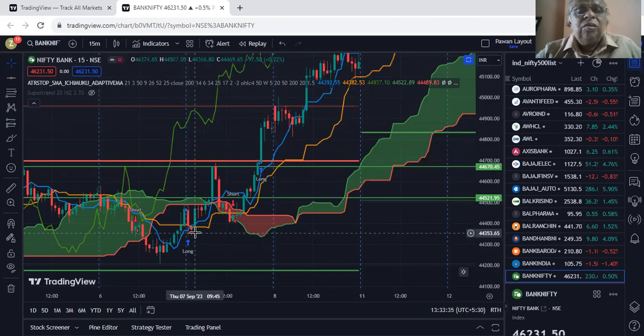So I have explained all three aspects of the Tenkan-Chikou crossover, the determination of the trigger price for your knowledge, and the importance of the trigger price so that one can get into the trade very safely.